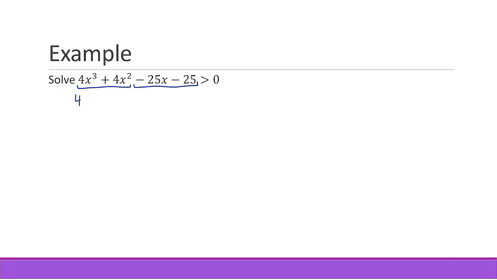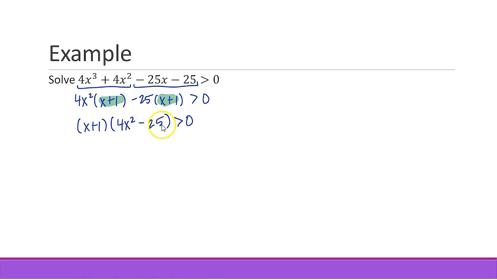So we can factor out a 4x squared, and we're left with x plus 1. We can factor out a negative 25, and we're left with x plus 1. We'll pull out the common factor, which is x plus 1. And we have a 4x squared left from the first term, and a minus 25 left from the second term.